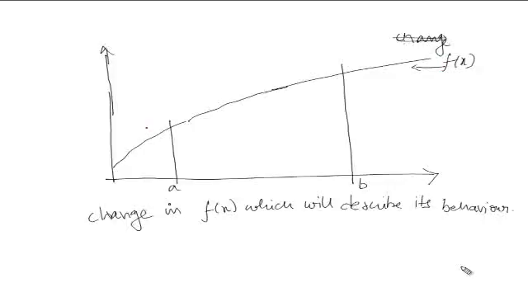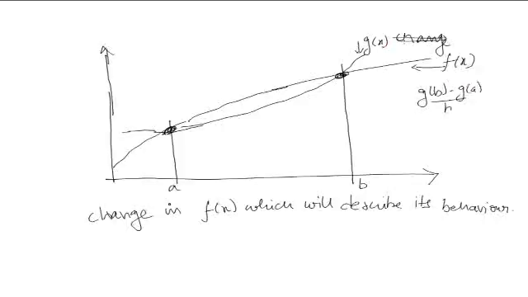Then we had another function g of x like this, which almost takes the same value at a and b. This is g of x, and we found that g of b minus g of a by b minus a is equal to f of b minus f of a by b minus a.